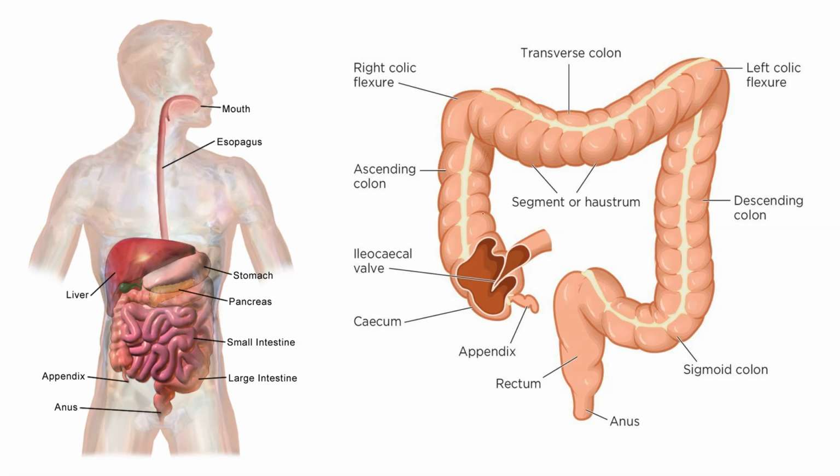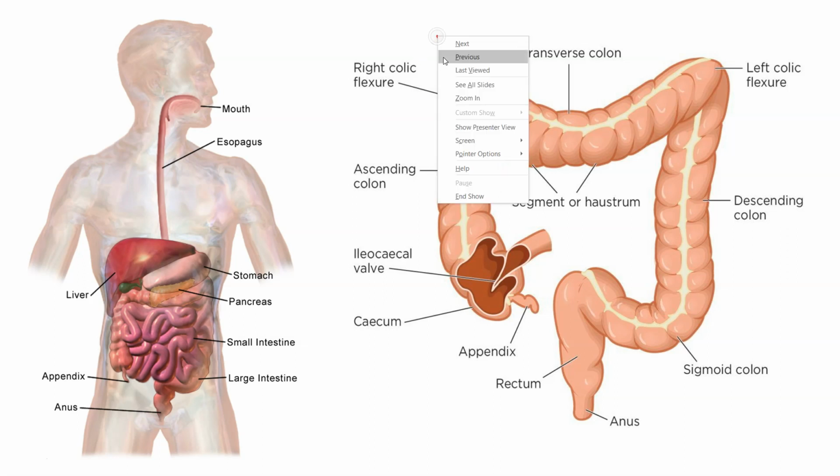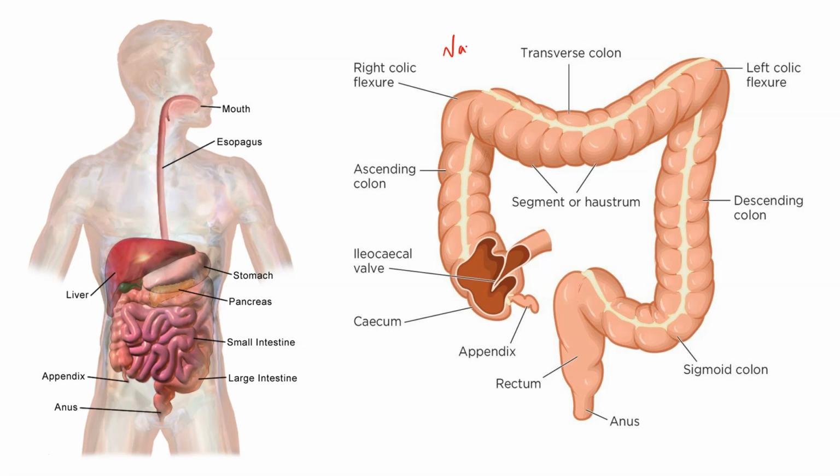Okay, the large intestine, its main job is less for absorbing. The small intestine should have mostly everything absorbed by then. One of the things that is absorbed in the small intestine is water. So any remaining water is absorbed here.